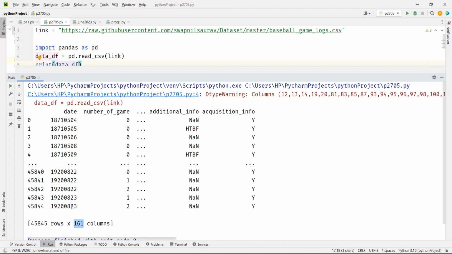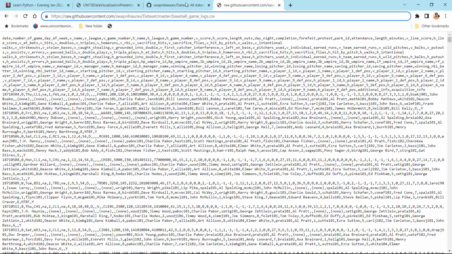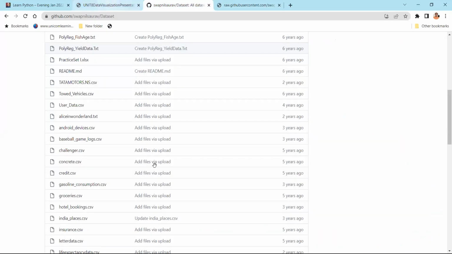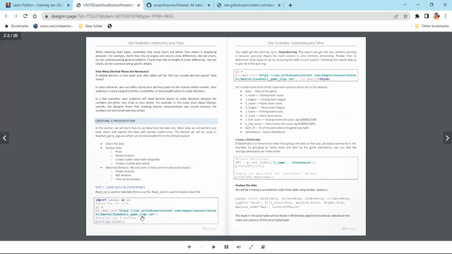Let's go back to our notes, or to the browser. Here we are reading this same file, and these are the descriptions of the important columns. Date: on which date the match was played. Name, venue, visiting team name.